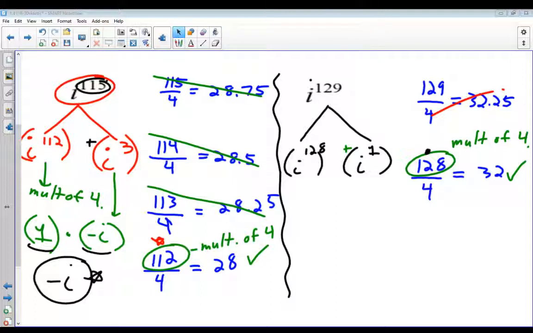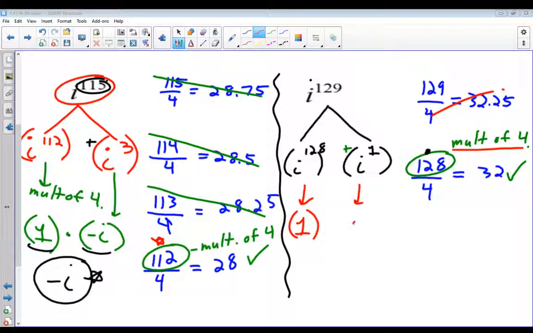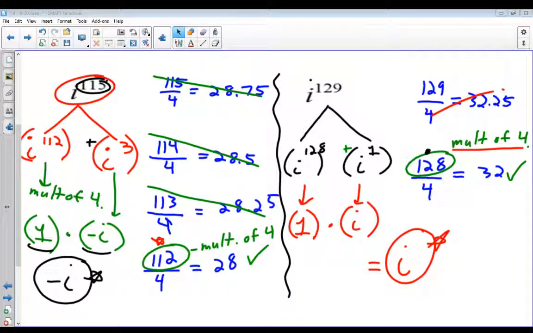And now that we've done that, you can just simplify each part. i to the 128, as you saw, was a multiple of 4, and any multiple of 4 would just become 1. And then i to the 1, according to the i1 pattern, is just going to be i. So now you just have 1 times i, which simplifies to i as your final answer.